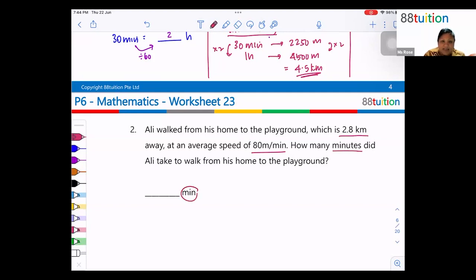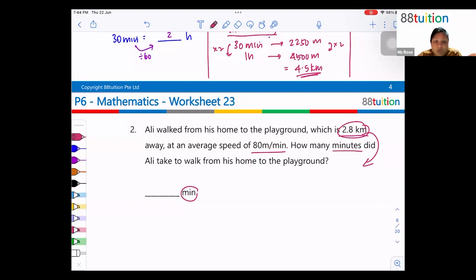So if my speed is in meters per minute, that means my distance must be in, can it be in kilometers? Can or not? Yes, Brian. Thank you, Brian. Is it okay to be in kilometers?